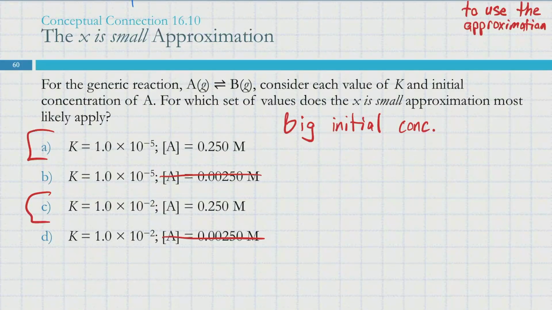Yeah, we're going to want a small K value. At least in this case, because we've got our initial concentration being for our reactant. So if we have a really small K value, that's going to strongly favor our reactant.